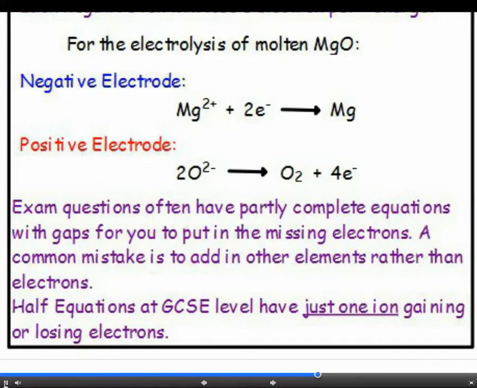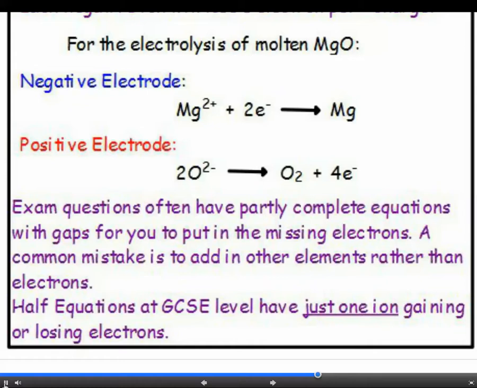You can see the same ideas being applied to a different example. Magnesium oxide is made up of Mg2+ ions and O2- ions. The Mg2+ ions will need to gain 2 electrons. The O2- ions will give away 2 electrons each, and you need 2 of them to make O2, so 4 electrons are given away.